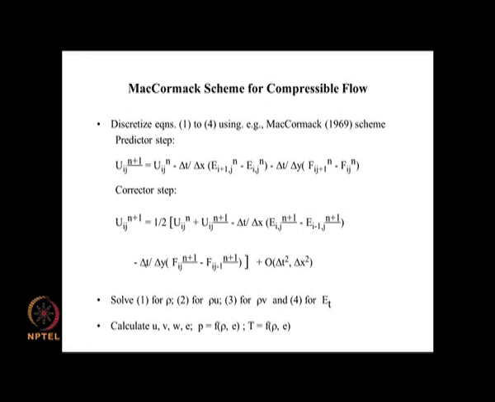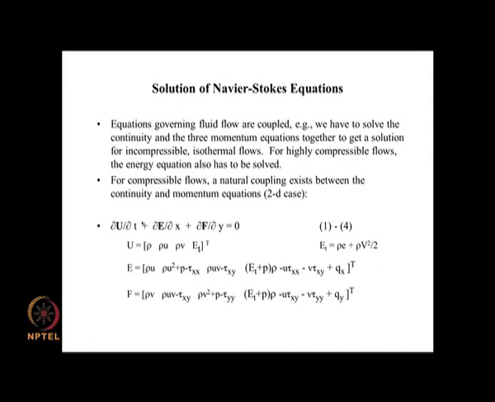How we actually do this, given that u, e, f are vectors, is that in each case for each equation we know what are the terms that are appearing here, u, e and f. So, we first solve equation 1 here for the continuity equation. So, that gives us dou rho by dou t plus dou by dou x of rho u plus dou by dou y of rho v equal to 0.